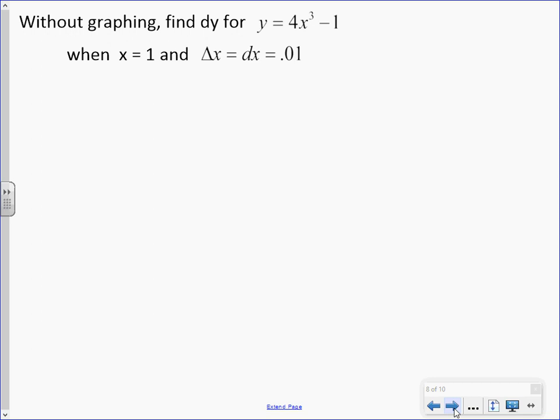Okay, so it's giving us that delta x, dx, I'm going to call it 0.01. So our change in x is 0.01.